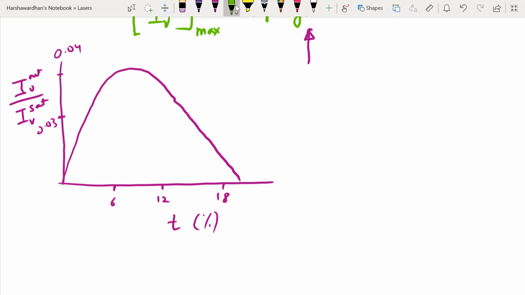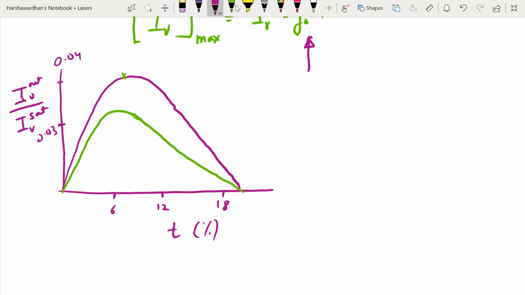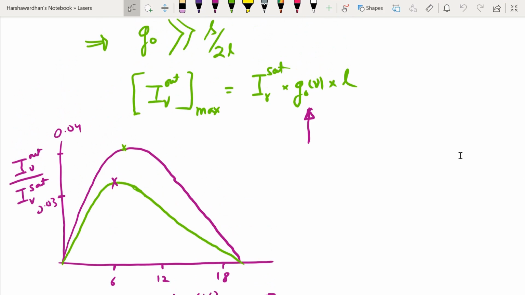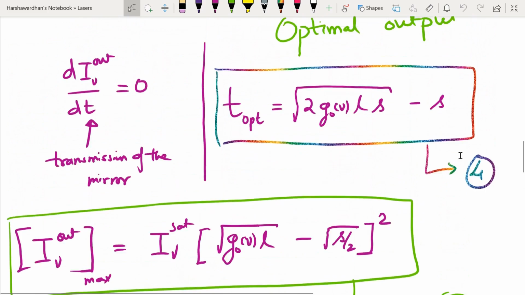Imagine you also have spatial hole burning switched on; then what happens is that the gain actually decreases. So clearly you can see that there is an optimal value for the choice of the transmission coefficient, which gives you the maximum output. This optimal value has been obtained experimentally, and I will show you the experimental setup that allows us to do that.